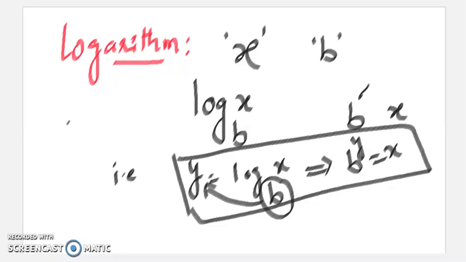The exponential function can be written as b power y is equal to x. That is the exponential form. To understand this concept, let's have a look at some examples.